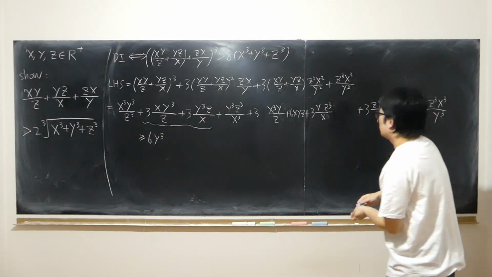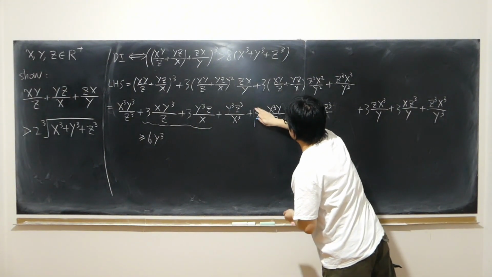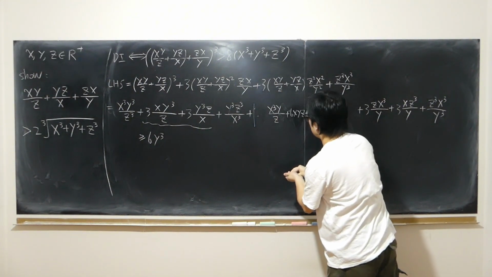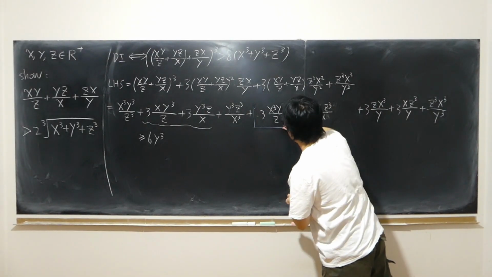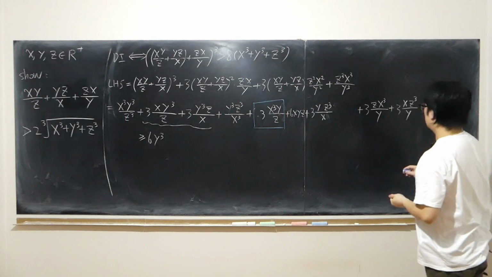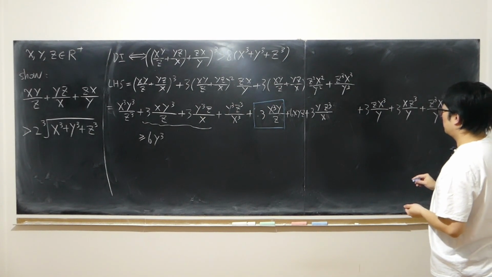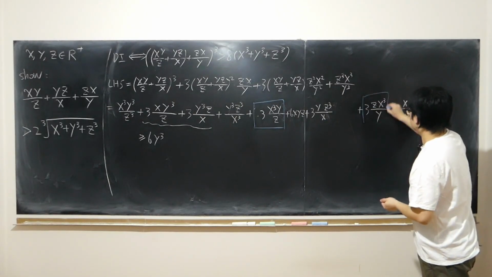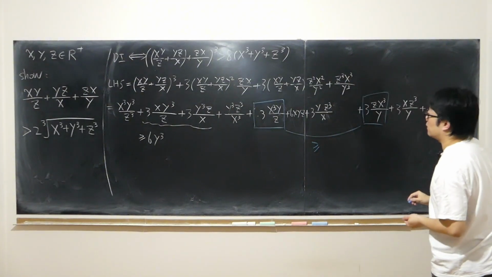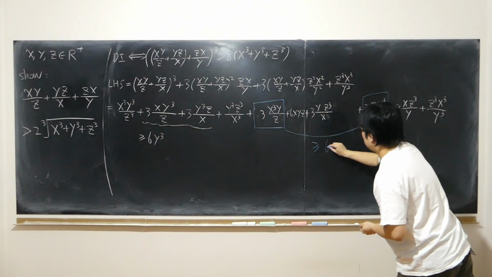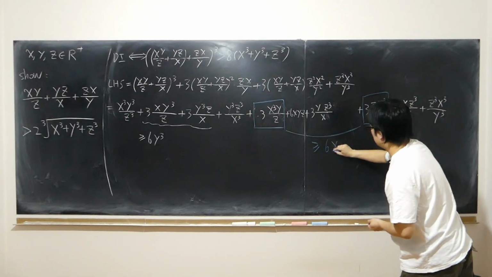And now, like I said, the 3 times, this term with this term is greater than or equal to, for the same reason, 6, y cancels, z cancels, x cubed.